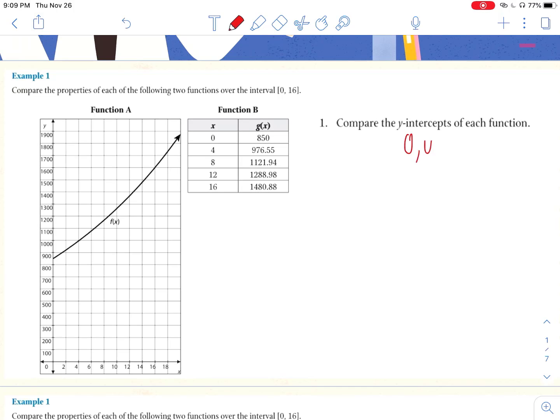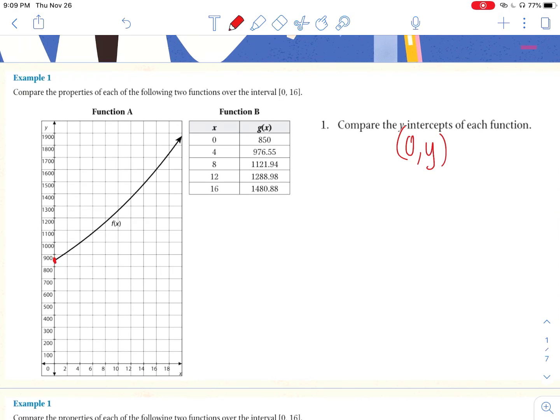Keep in mind, your y-intercept is always going to be 0, comma, y. If we take a look at function a, we're looking where this line crosses our y-axis, which would be right at this point. That point is right between 800 and 900, which means our ordered pair is 0, comma, 850.